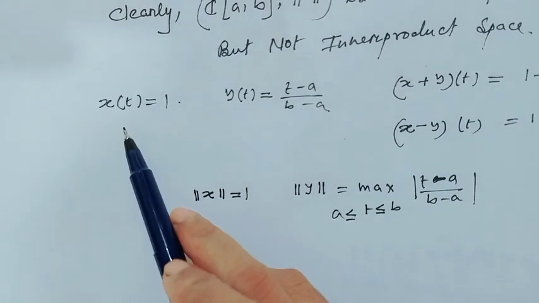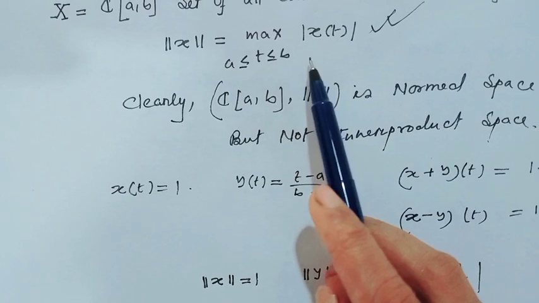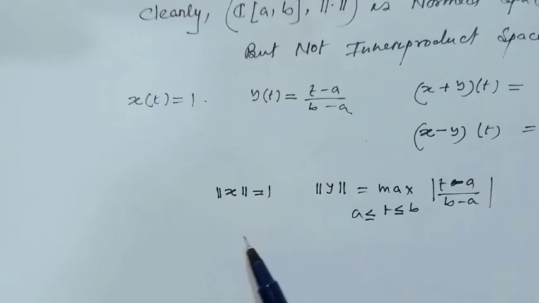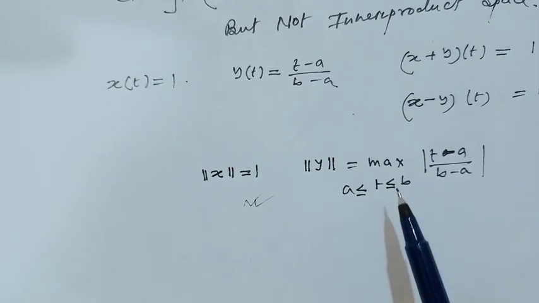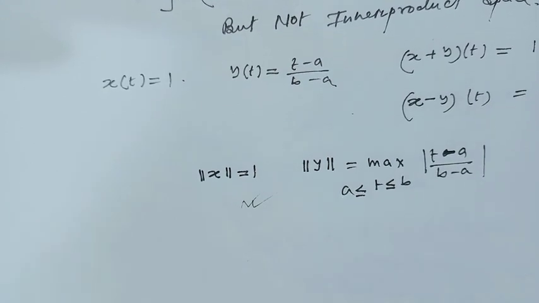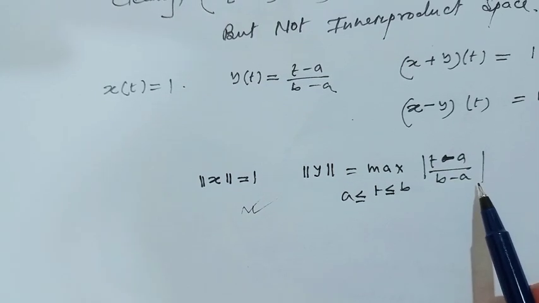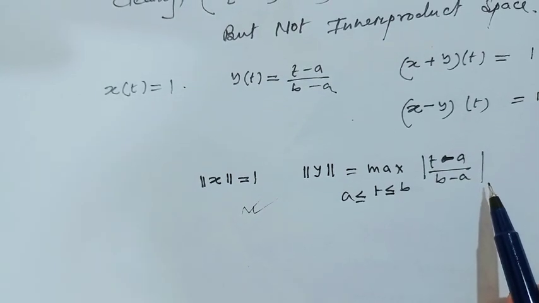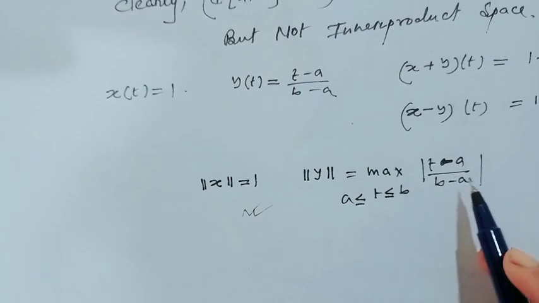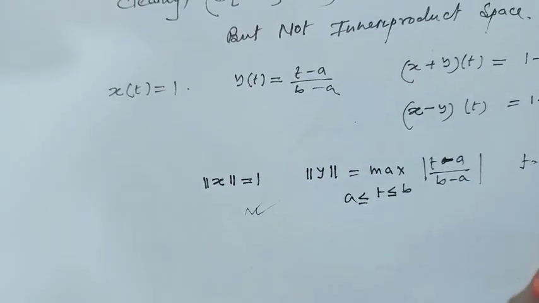The norm of x is actually the maximum over the interval a to b of x(t), and this value is 1. And the norm of y is the maximum over the interval a to b of the absolute value of (t minus a) over (b minus a). Here we have to find the maximum. For this, consider f equal to (t minus a) over (b minus a).